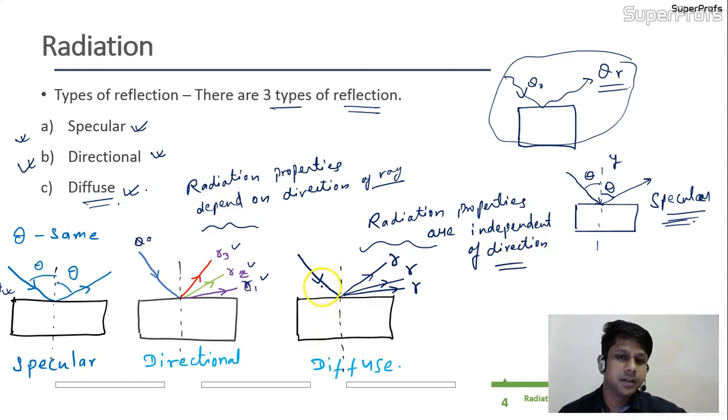Okay, so these are the three kinds of reflections. For theory questions, these things are important. Once or twice they have asked about these concepts in the GATE examination.